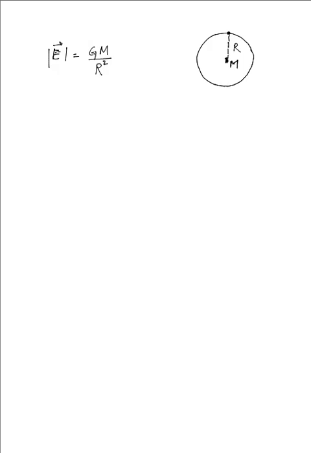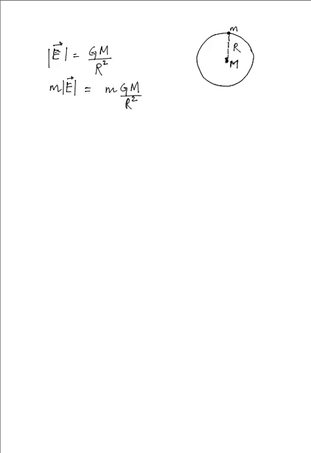This is the gravitational field intensity of the Earth on its surface. Now for any mass m which is placed at that point, that mass will experience a force which is equal to m times E, that is mass times the gravitational field intensity at the said point, and that is equal to m times G capital M divided by r squared.